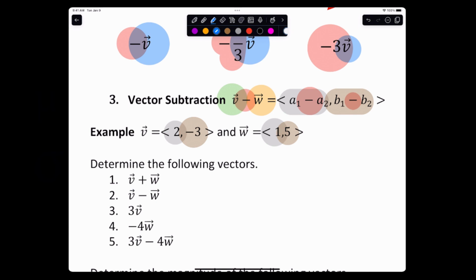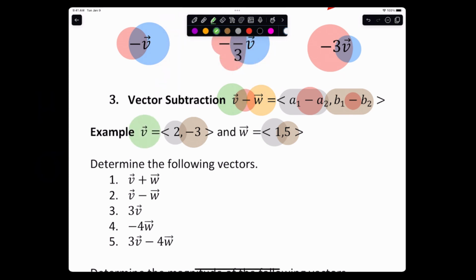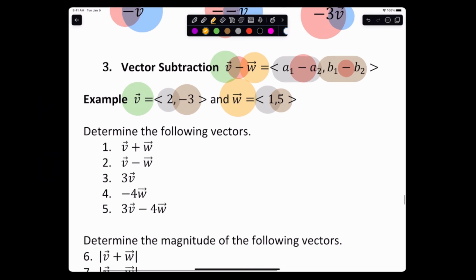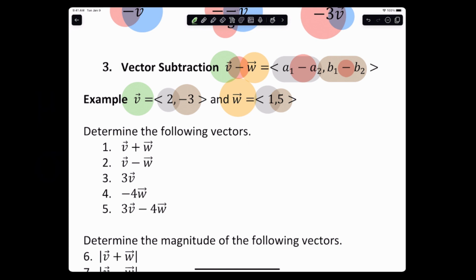Okay, so again, focus on the components here. So when they define vector v here, and vector w, that sum, and I'm not going to draw an arrow.